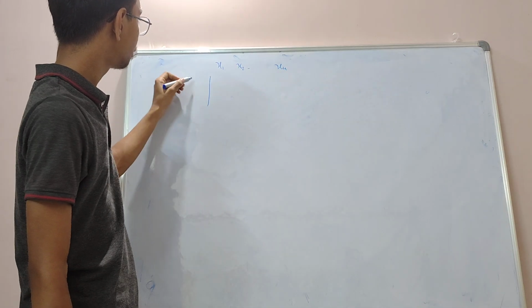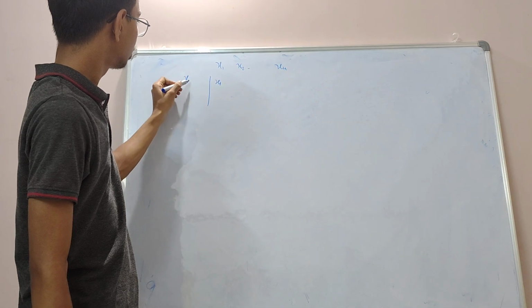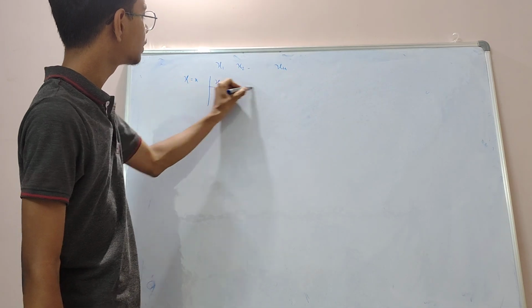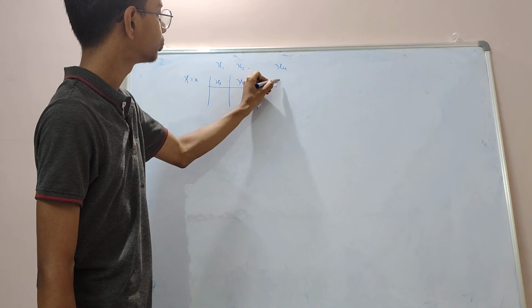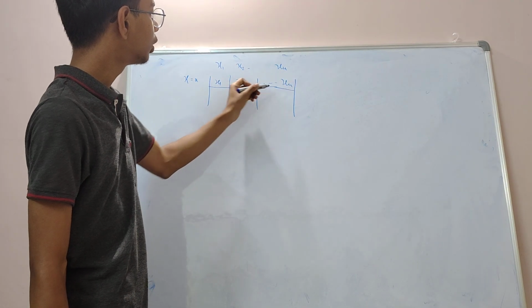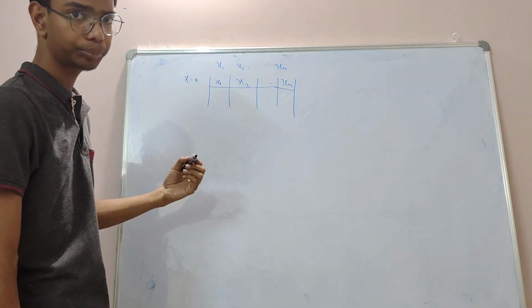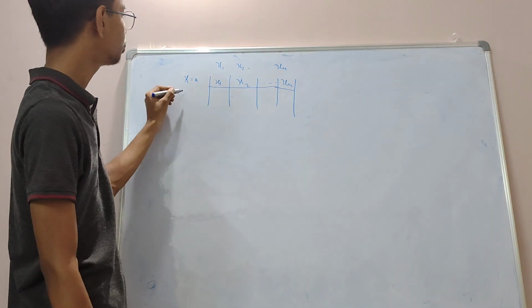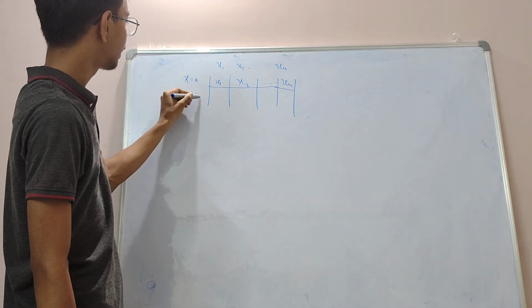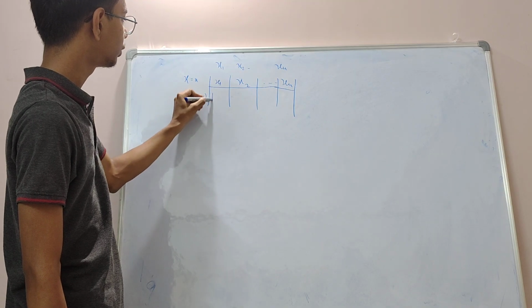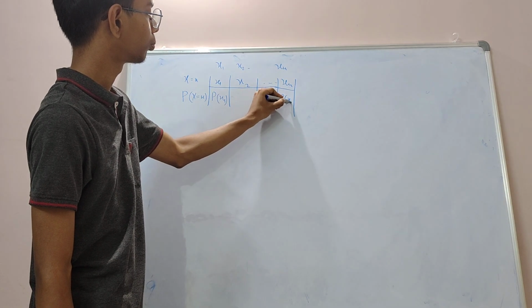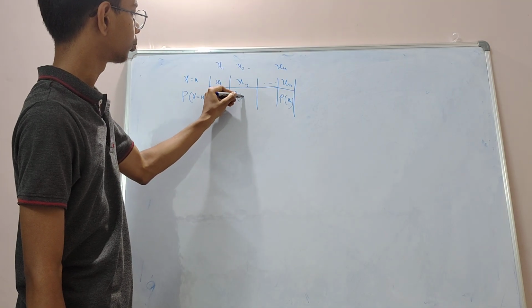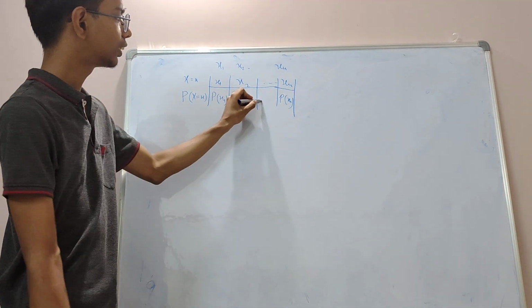It is the table in which those discrete random variables are taken in one row, and the probability of those specific random variables is taken in another row, right? So this is what it is.